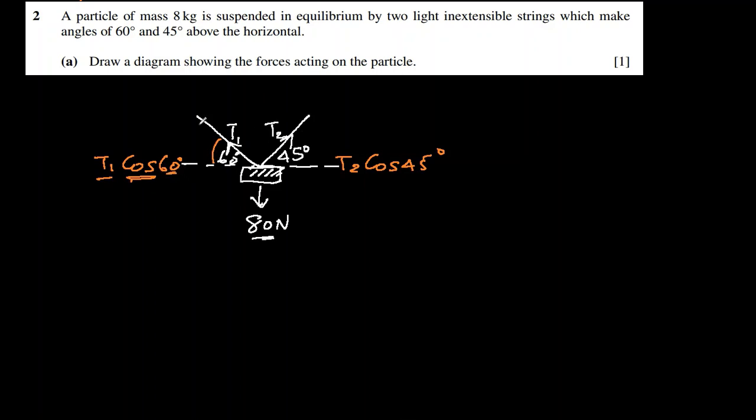So on the opposite side, this is the main force, this is the cos component, so the opposite side is this one, vertical. This will be T1 sine 60 degrees from here, and from T2 it will be T2 sine 45 degrees.